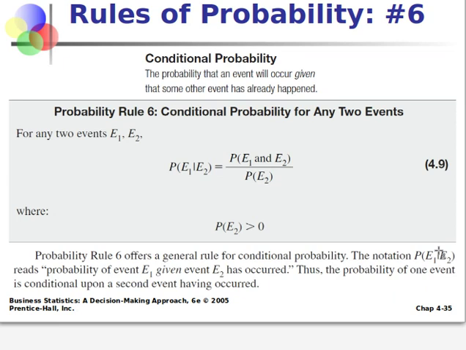And we're talking about the probability of E1 occurring provided that E2 has already happened. Thus, the probability of one event is conditional upon a second event having occurred. Conditional ang E2. E2 must have already occurred for E1 to also occur.